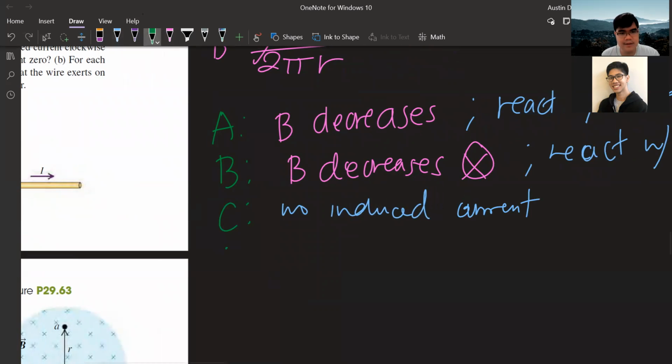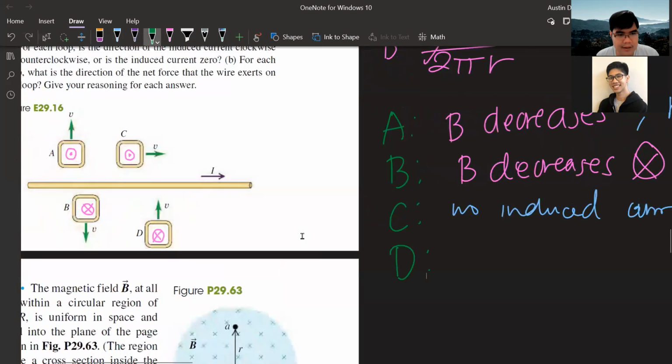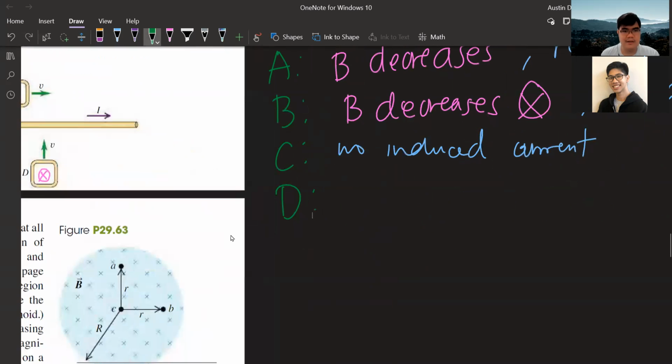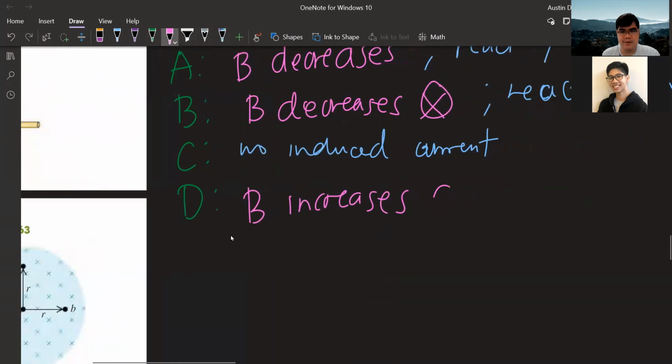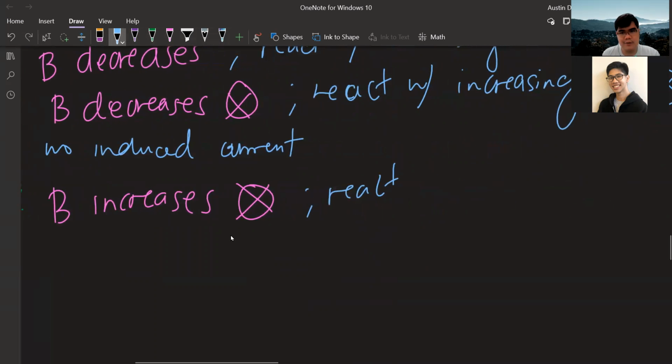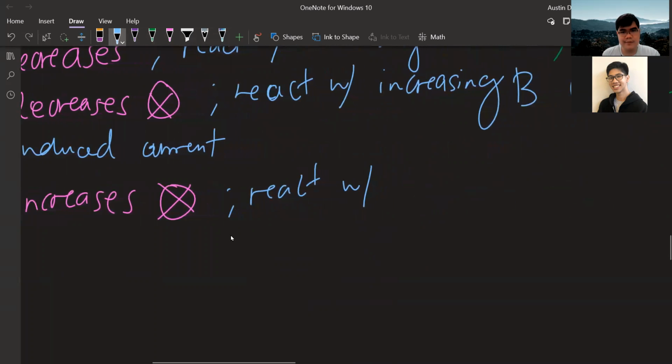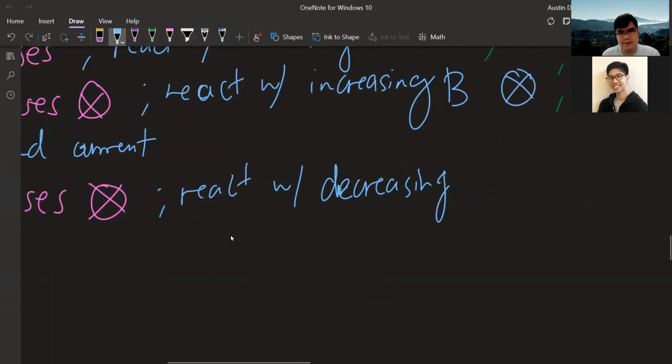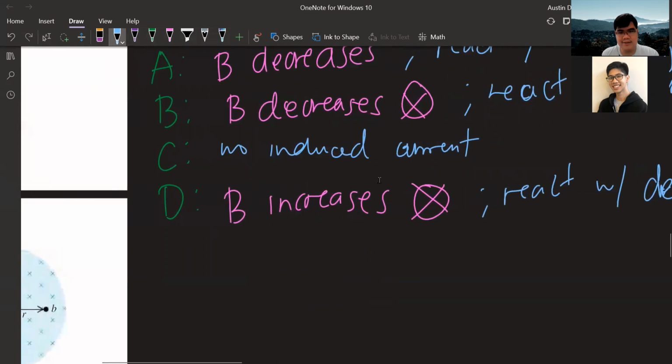Okay, lastly is D. Ang nangyayari naman kay D ay B increases. Tapos yung direction niya into the page. So, magre-react yung current loop natin with decreasing B. Kokontrahin niya yung increase.